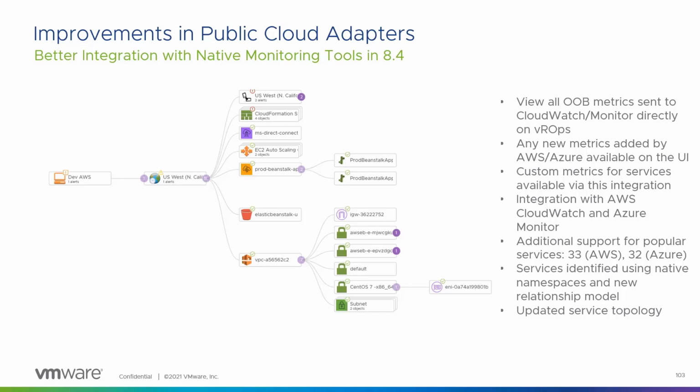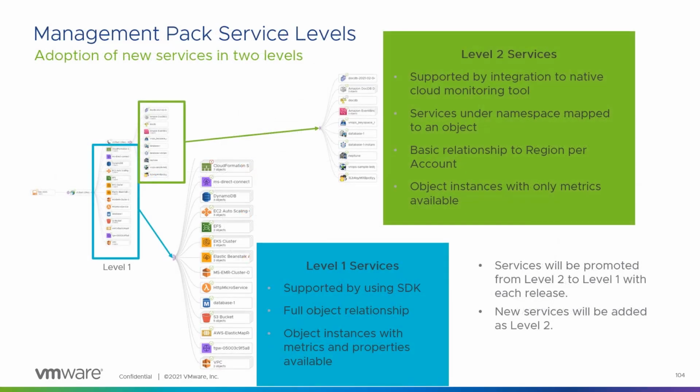We use the native namespace that the tools provide to identify the service and build a relationship model based on the region. Not only do we get all out-of-the-box metrics, but this new model allows us to easily pick up new services from AWS and Azure. It also allows for monitoring of custom services.